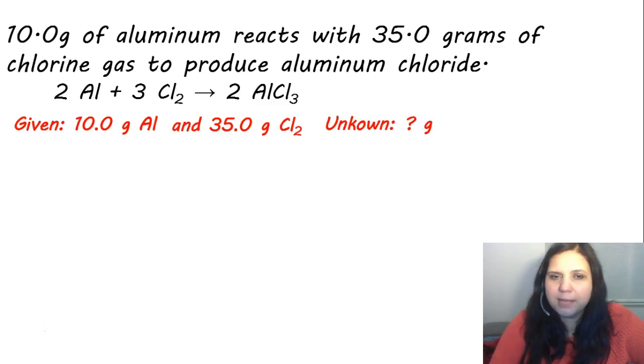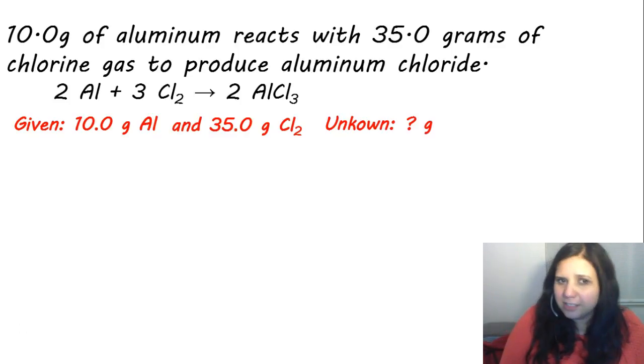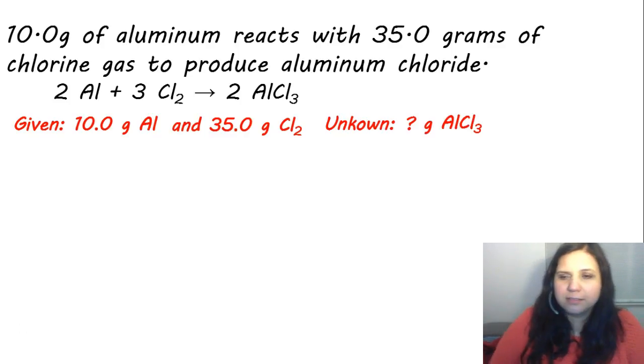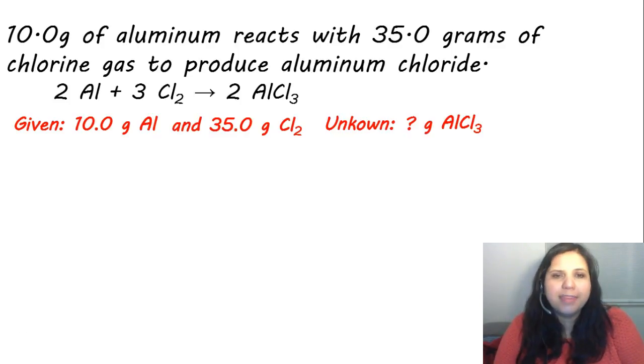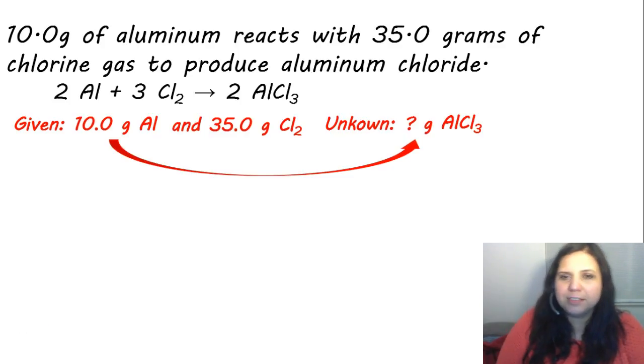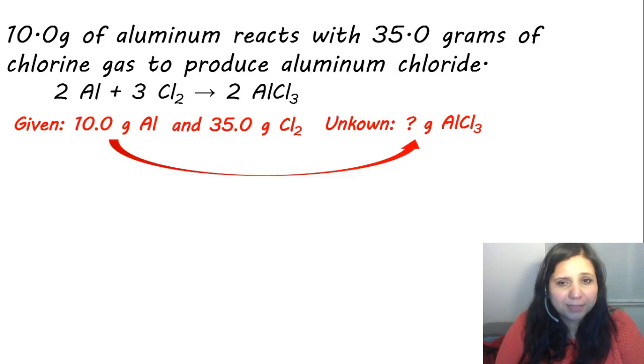Well, we're going to do a mass-to-mass problem. So our unknown is the number of grams. And since the product isn't told to me, I can assume that it's the only product that exists. It's aluminum chloride. Okay. And then we're going to figure out how many steps we have to do. Well, we're going to go from grams of aluminum to grams of aluminum chloride.